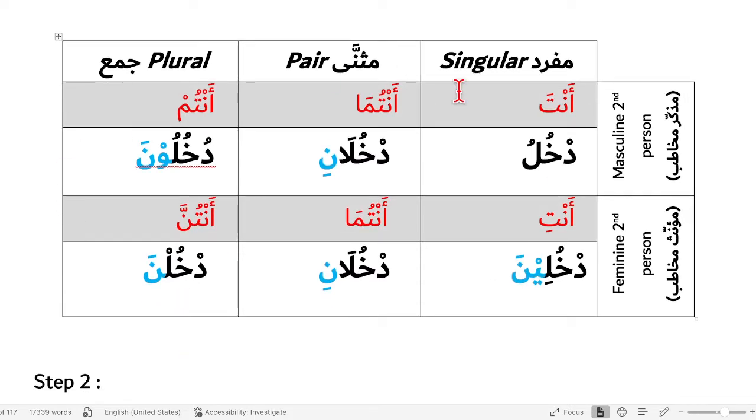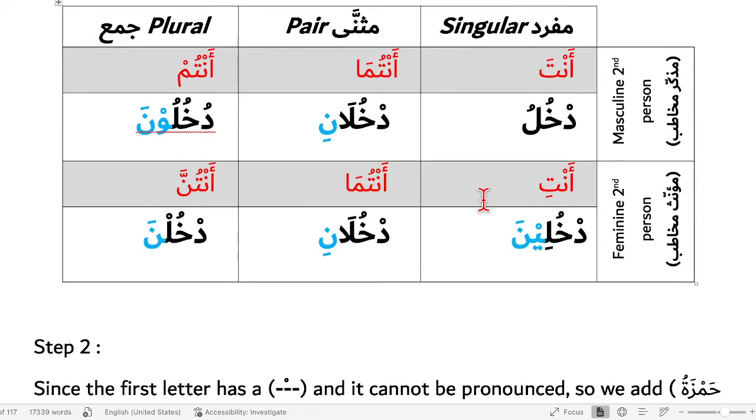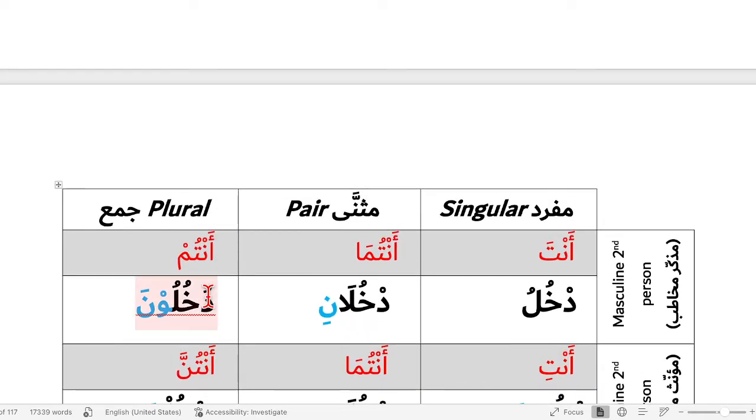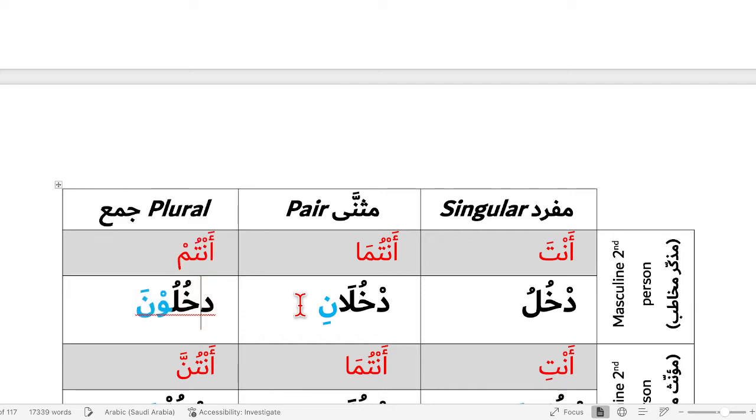This is after you remove the ta. So the second step is, now you see that the second one, this should be tadkhuluna. So this should have a dhamma here.